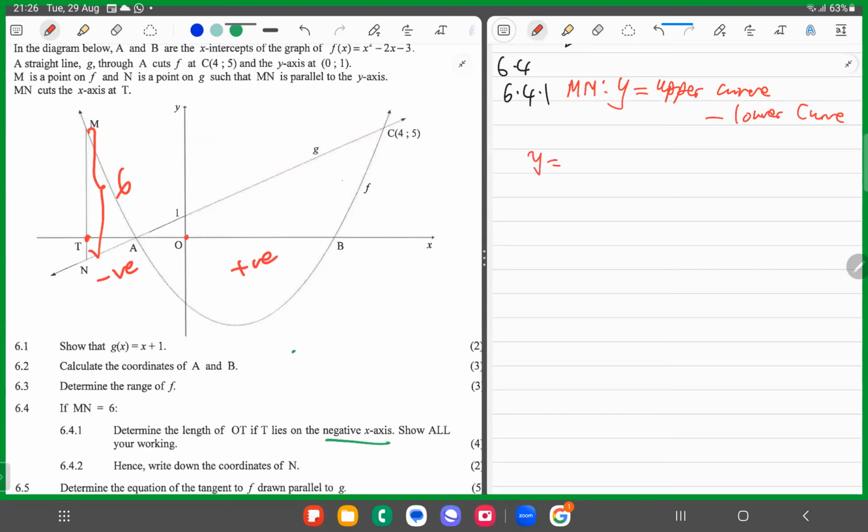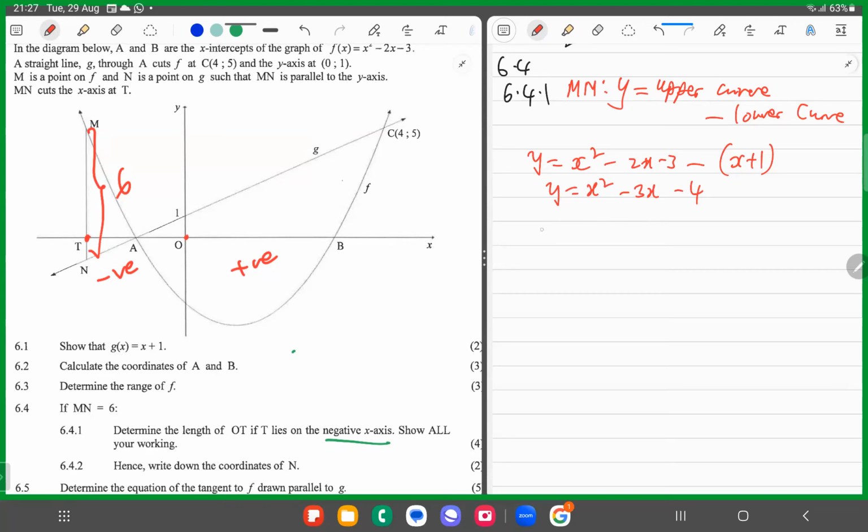What is the upper curve? x squared minus 2x minus 3. What is the lower curve? It's the straight line graph, sitting at x plus 1. Which is x squared minus 3x minus 4.